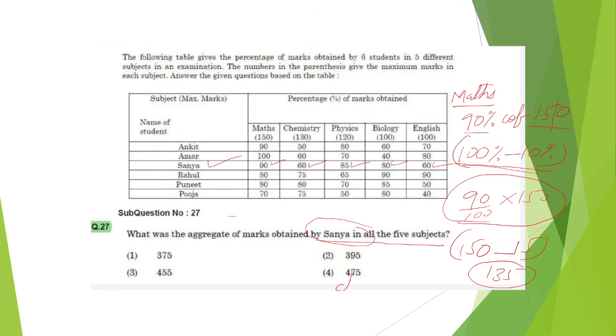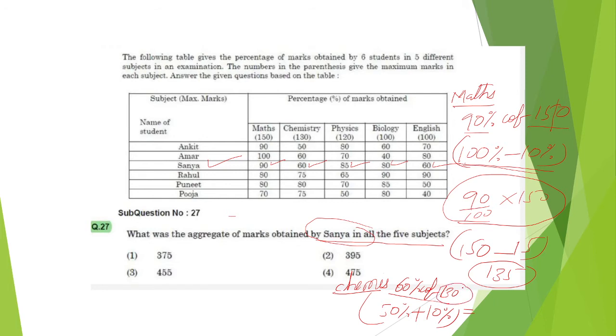Next, in chemistry, how much did she get? In chemistry she got 60 percentage of 130. 60 percentage of 130 means how can you write it? 50 percentage plus 10 percentage. What is the 50 percentage of 130? We can easily take half. 50 percentage means we have to take half, that means divided by 2.